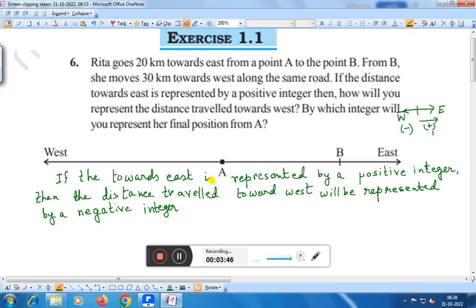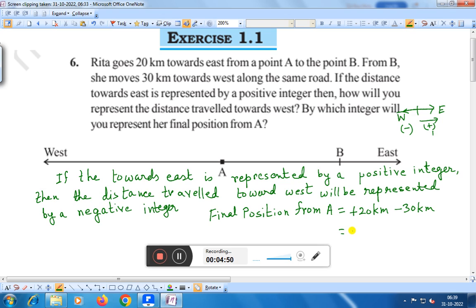Then you can say that final position from A is equal to: towards east it goes 20 kilometer, that means plus 20 kilometer towards east, and towards west that is minus 30 kilometer towards west.